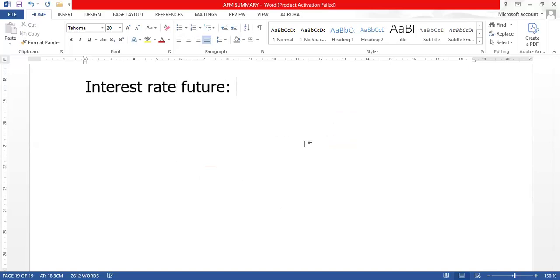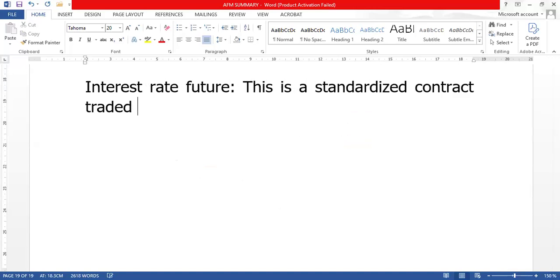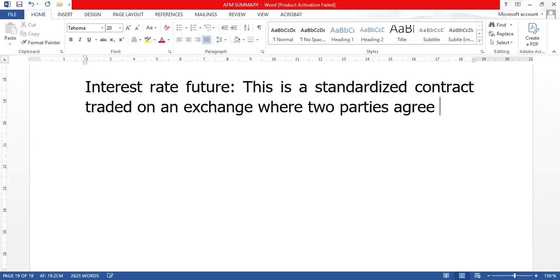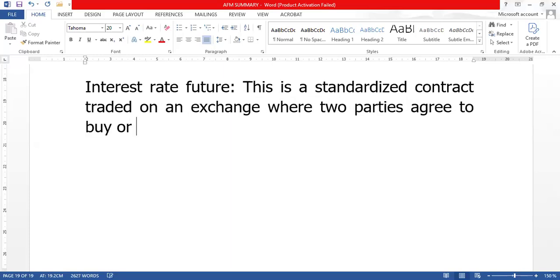Interest rate futures is basically a standardized contract traded on an exchange, where two parties agree to buy or sell a debt instrument.